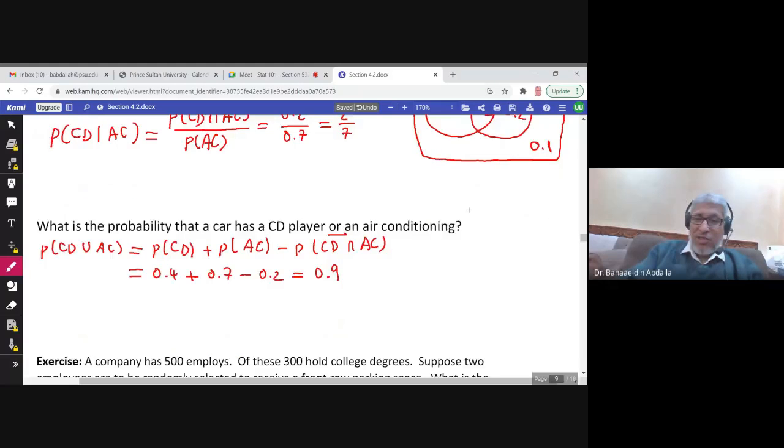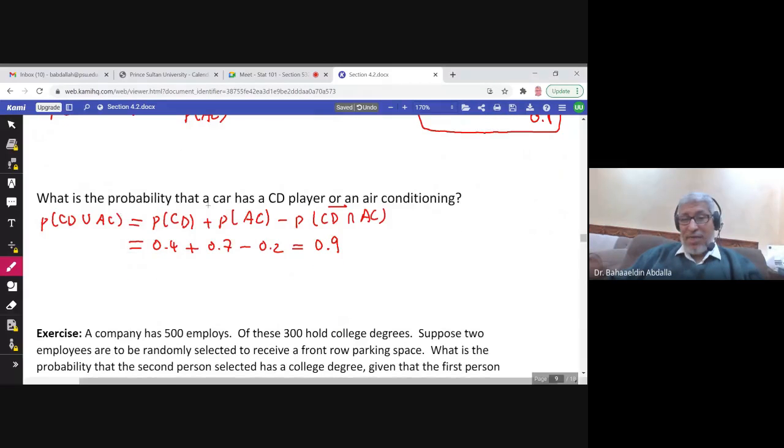What if he asks you, what is the probability that a car has neither CD nor air conditioning? Let us write this question. What is the probability that a car has neither CD nor AC?